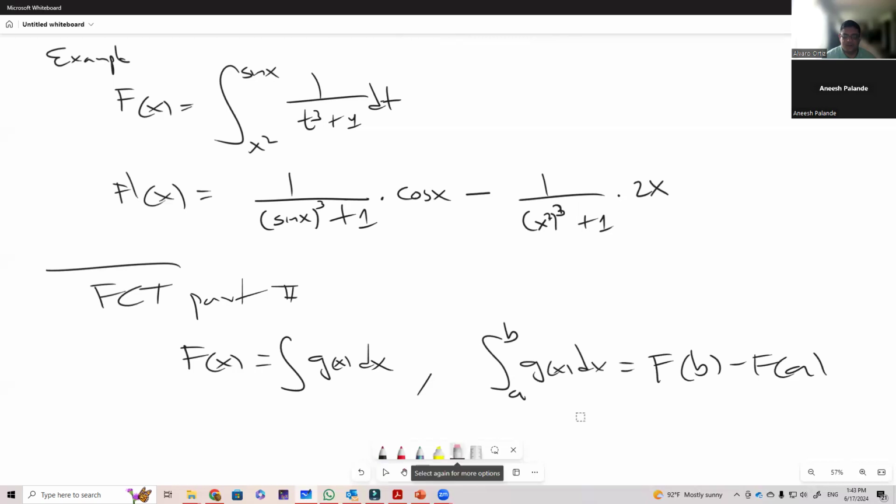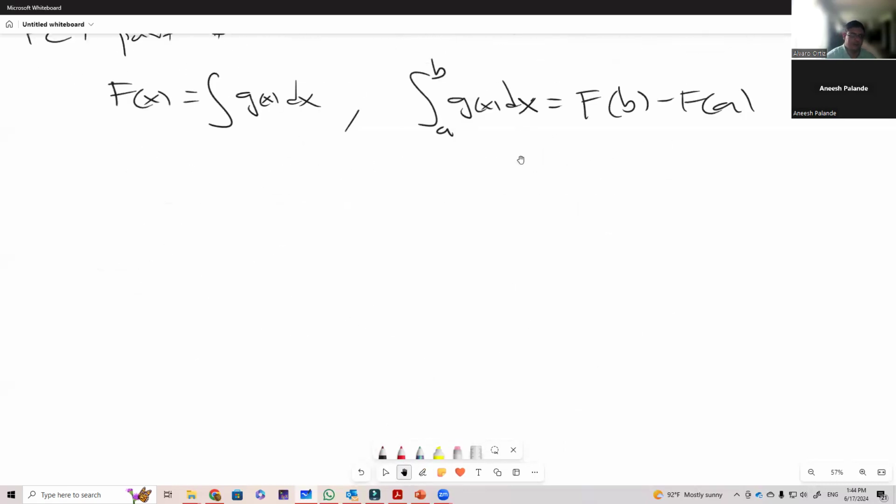The way you actually use this is, for example, when you do substitution, sometimes you can wait until later to plug in the values. For example, the integral from 1 to 2 of log of x over x.